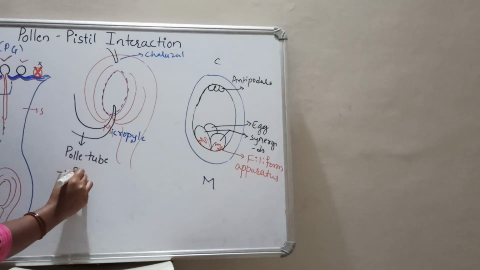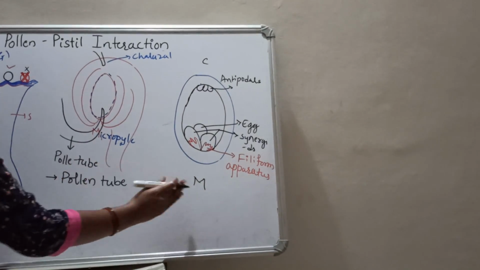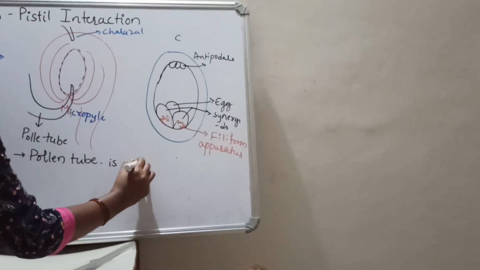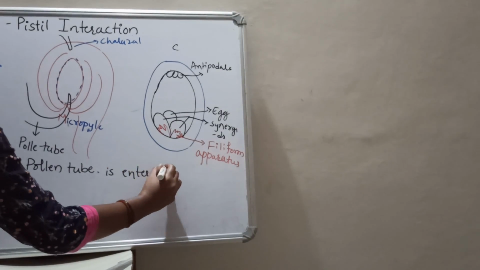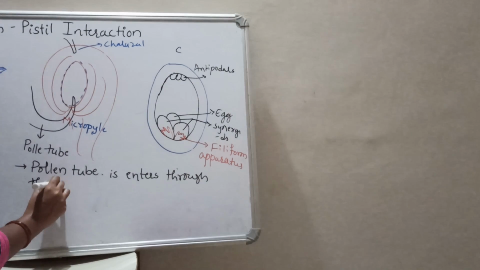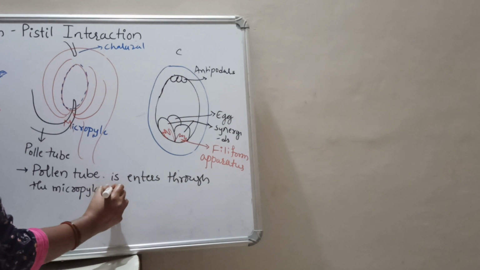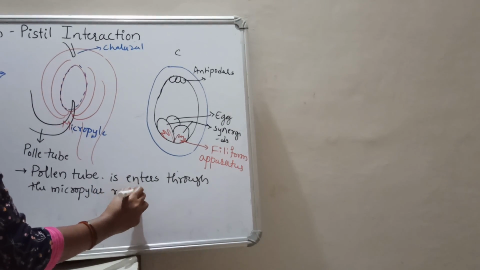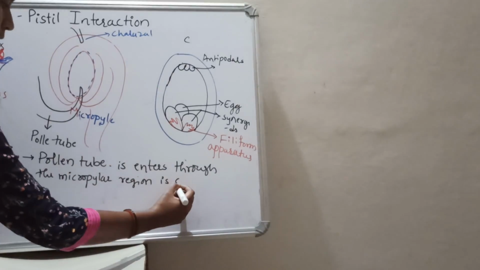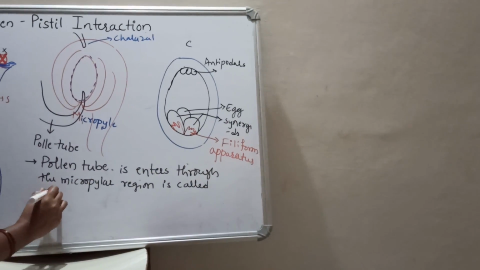If the pollen tube enters through the micropylar region, it is called porogamy.